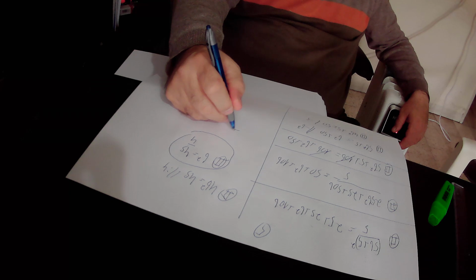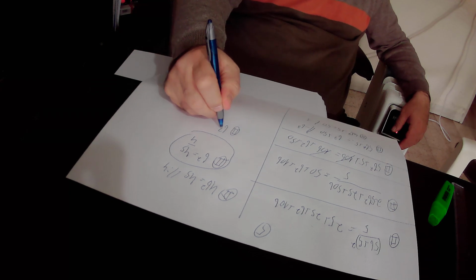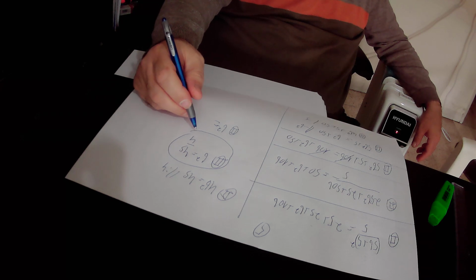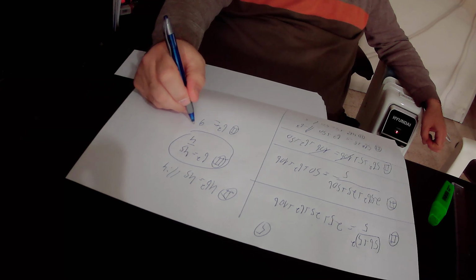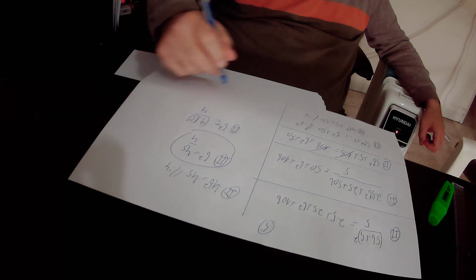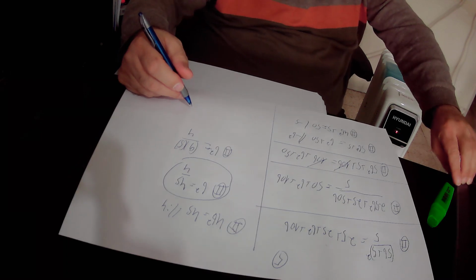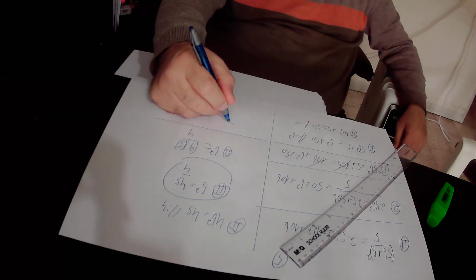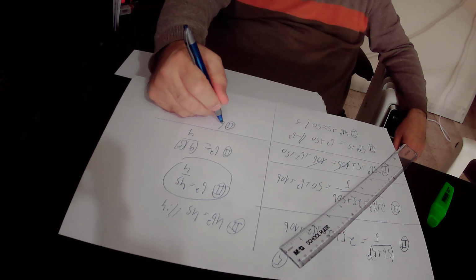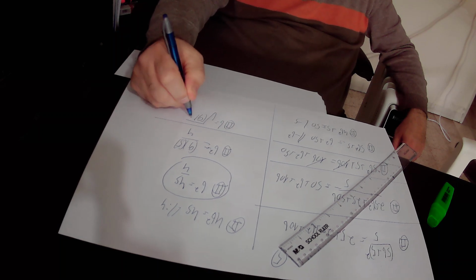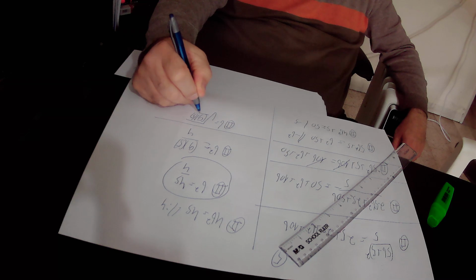So b squared equals 45 over 4. We'll substitute 45 by 9 times 5. Here we take the root of the equation, and finally we get that b equals the square root of 9 times 5 over 4.